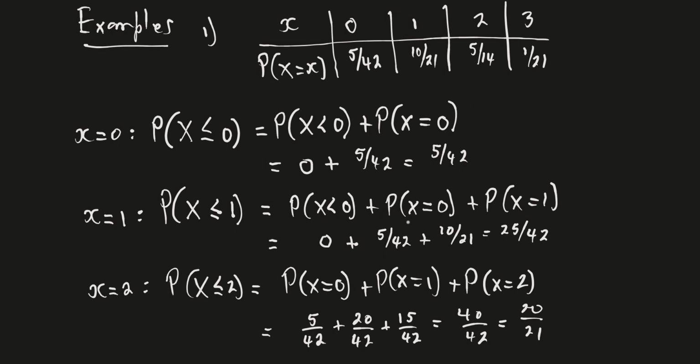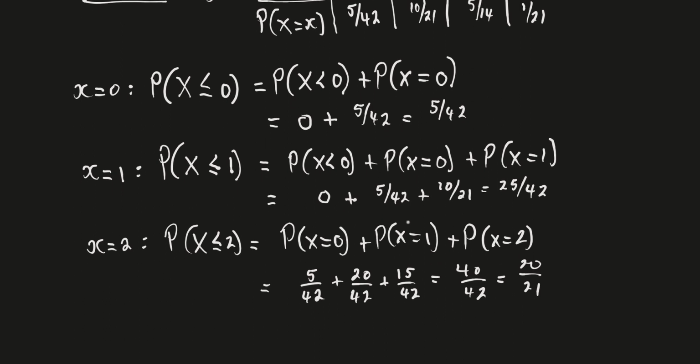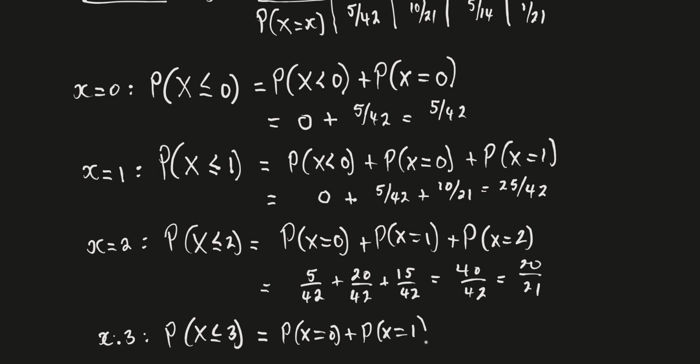So when x is equal to 3, the cumulative probability function or distribution function gives us this value. So it's the probability that x is equal to 0 or 1 or 2 or 3. Now think about this.